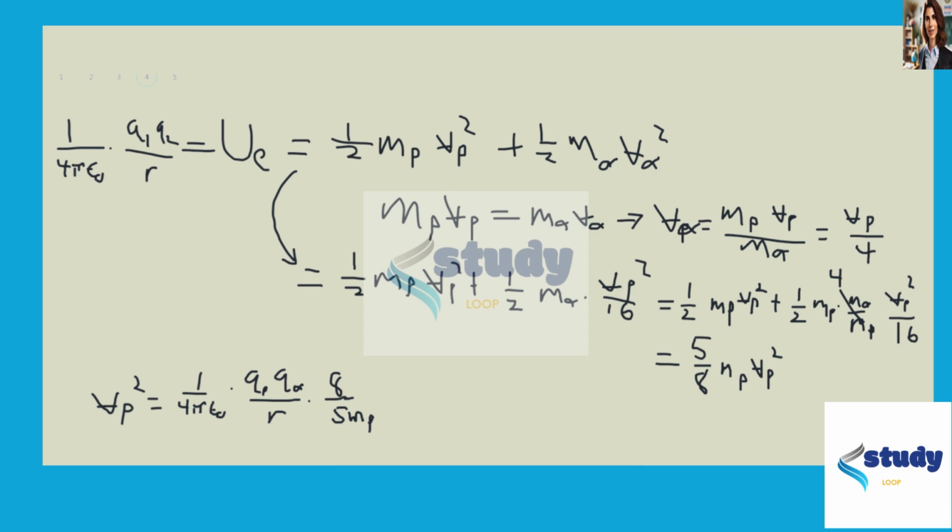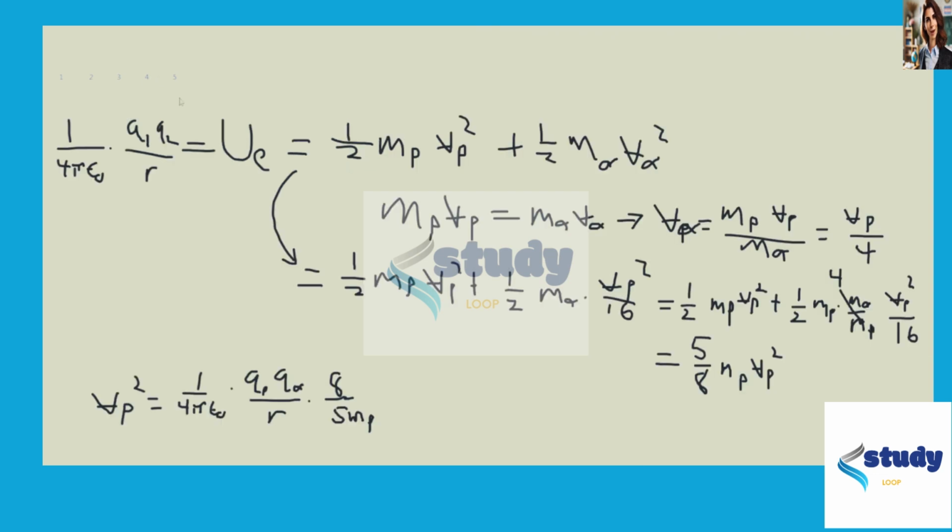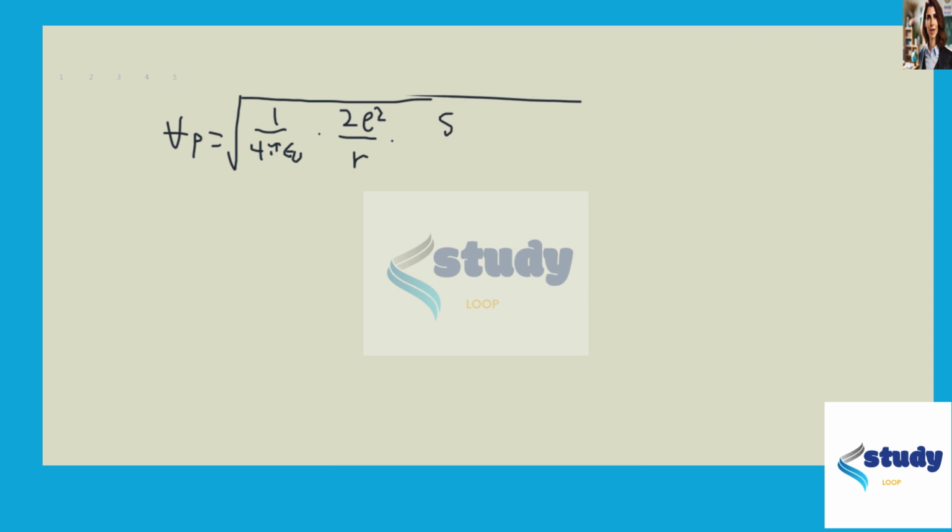The alpha particle's charge is just 2 times the electron charge. The proton's charge is 1 times the electron charge. Okay, that's all divided by R. And then you have to multiply by this number, 8/5 MP. Okay, so now we just need to plug in some numbers.